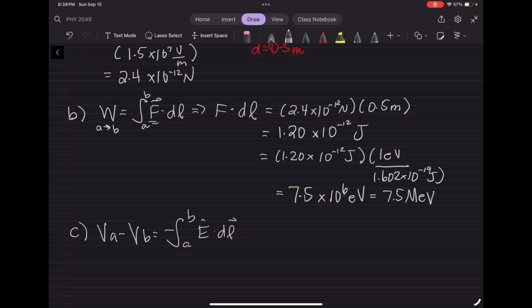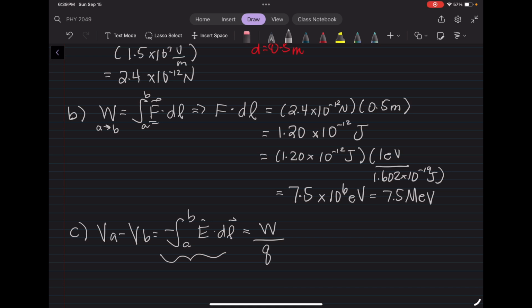The other way we could approach this is we could recognize that the potential required to move the proton from A to B is equal to the work done divided by the charge that's moving, right? So we figured out what the work done was already in part B. So we don't really need to perform this integral. We wouldn't need to anyway since E is constant, but it's going to end up the same way, right?